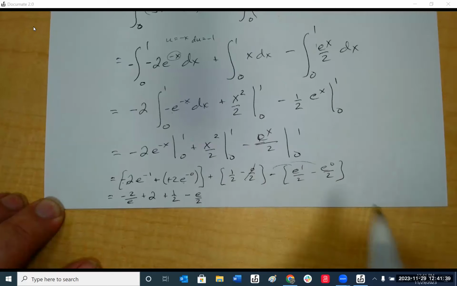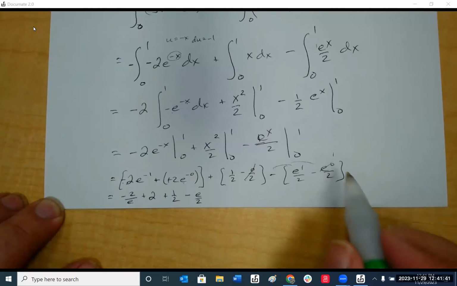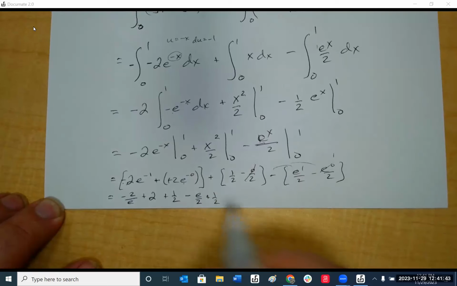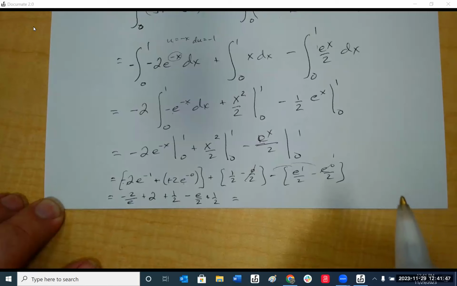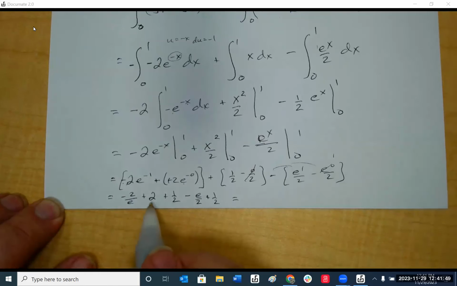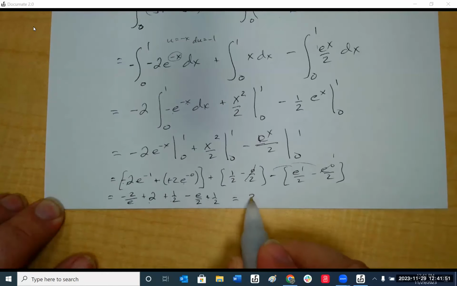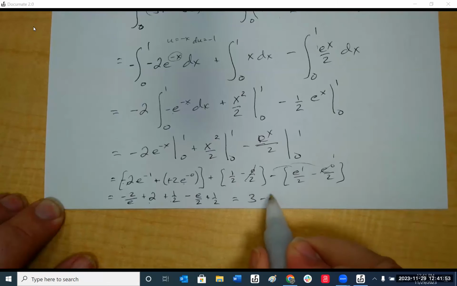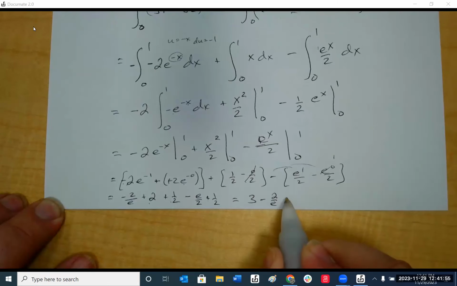E over 2. This is 1, so it's a plus 1/2. So 2, 1/2, 1/2 is 3. Minus 2 over e minus e over 2.